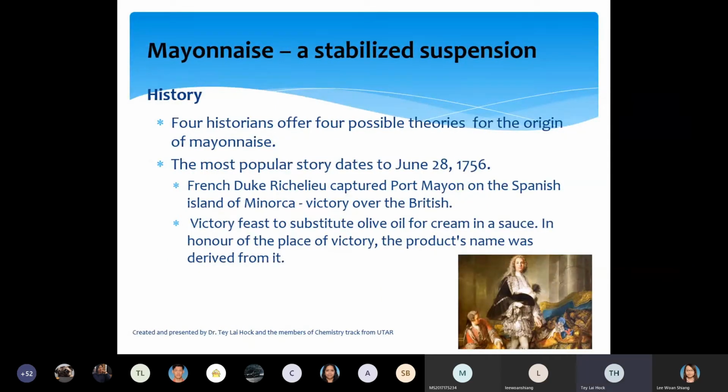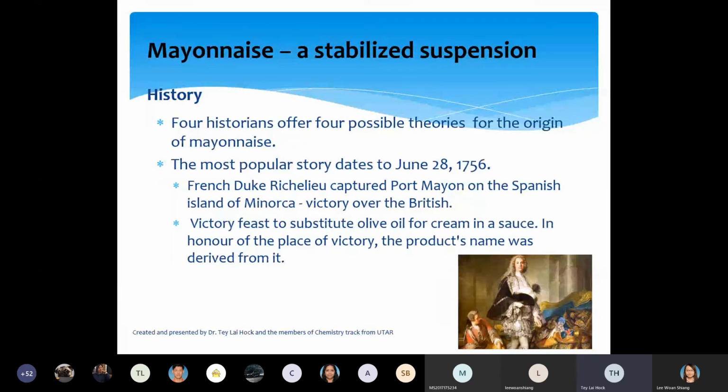All right, now history. Because today we're going to do mayonnaise, we need to talk a little bit about history. So how did mayonnaise come into our life? According to published literature, the claim is by four historians, who have four possible theories for the origin.